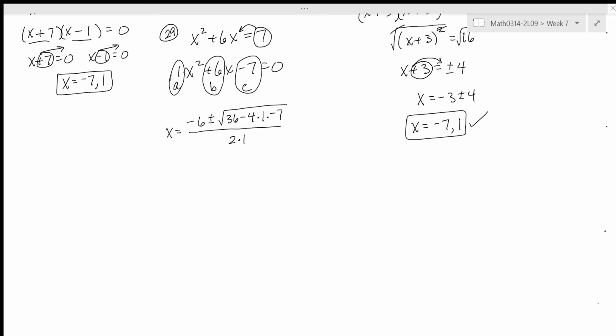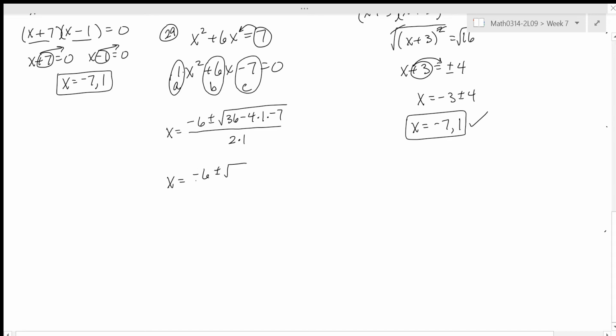So here's B, so negative B plus or minus square root of, everybody see where I got the 36 from? B squared, 6 squared, minus 4AC all over 2A. Have to know the formula to know what it is. Yes, that is correct.